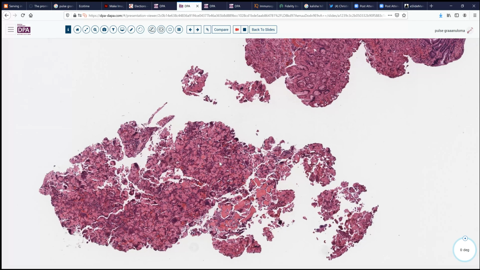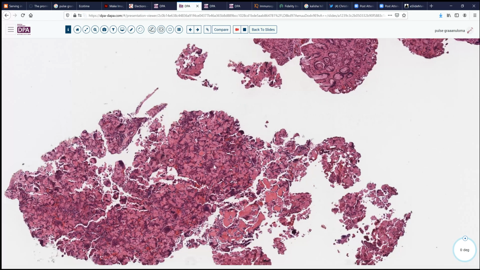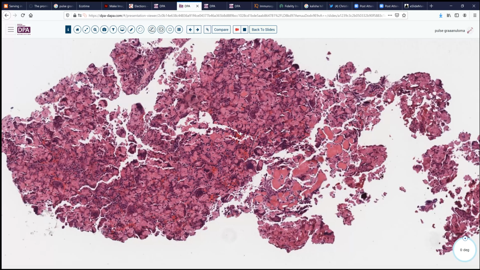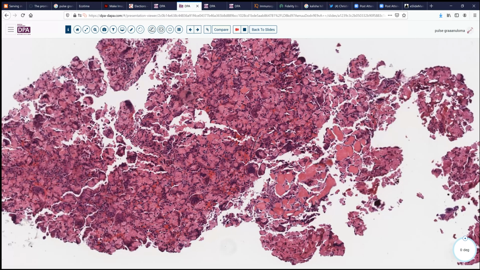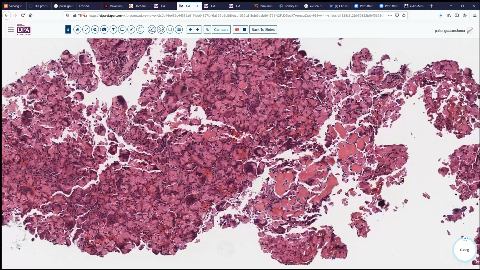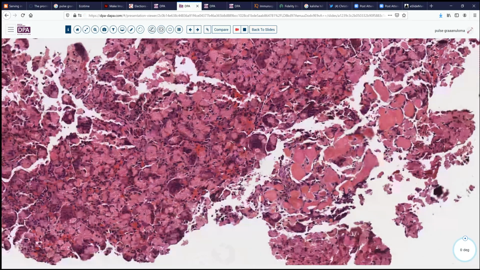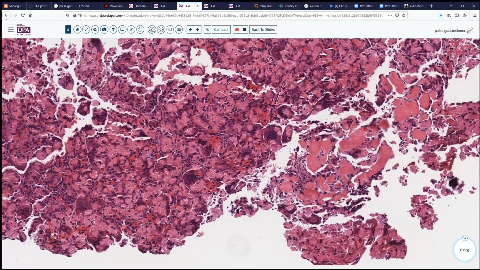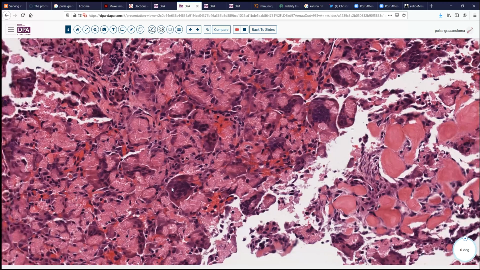This is definitely not body tissue, but as we look at this, we see that there's a lot of these sort of granular eosinophilic deposits. Many of them have seemingly some surrounding or subtending cells, and we see there are a few giant cells here as well.